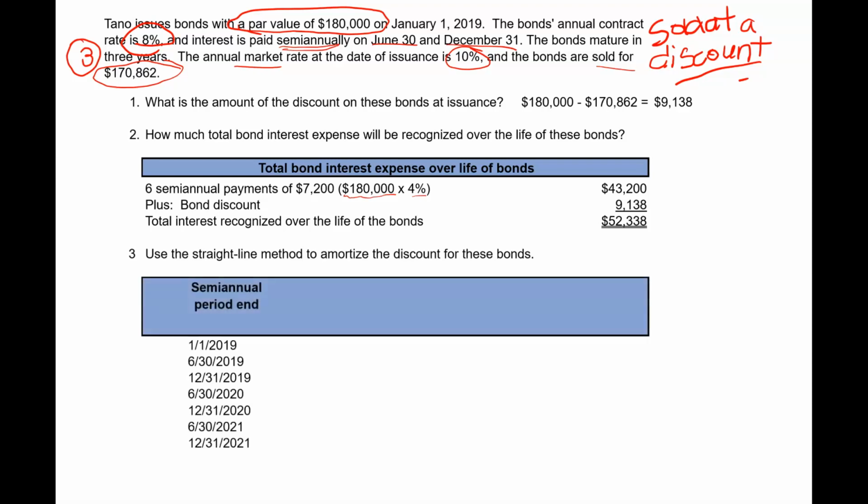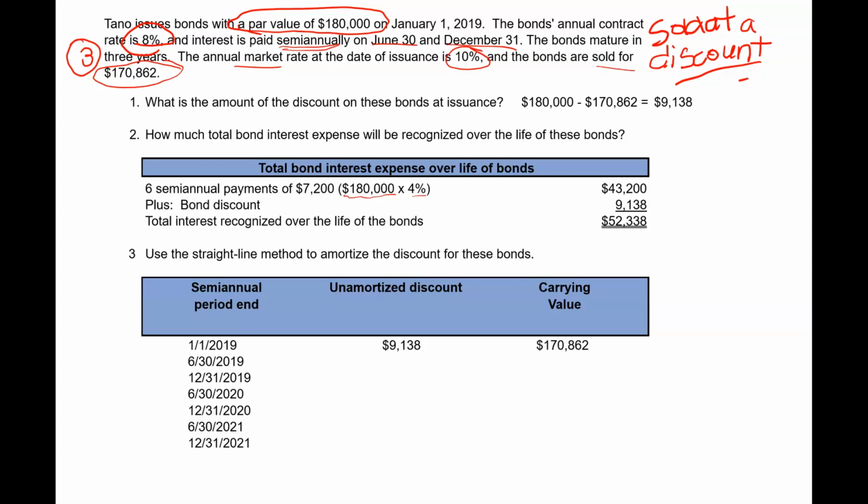Okay, this is 3 years. And we make two semi-annual payments a year, so we will make 6 interest payments. We're going to calculate how to amortize them. On January 1st, we have a carrying value of $170,862, which is the amount that we sold it for.